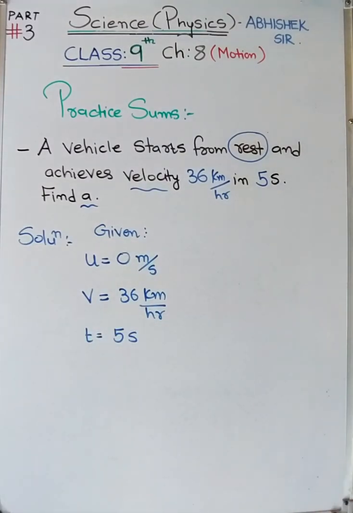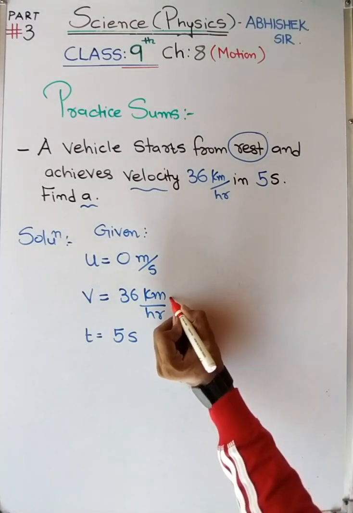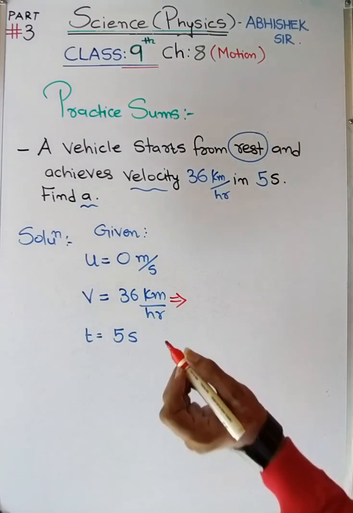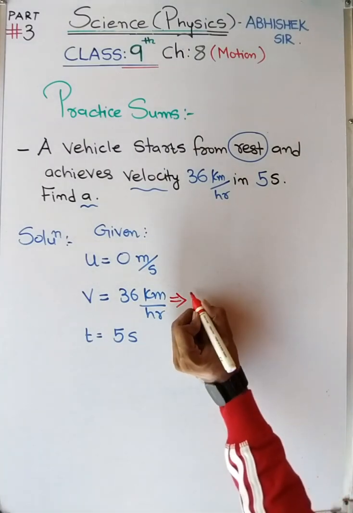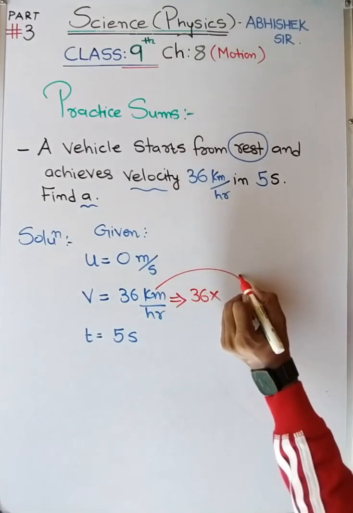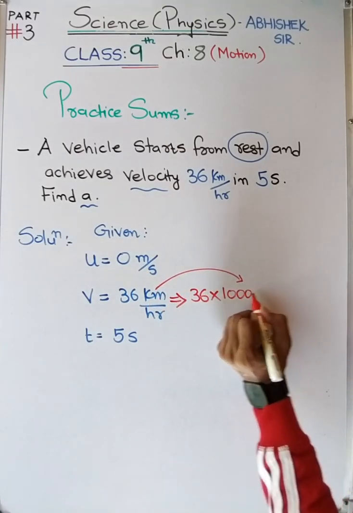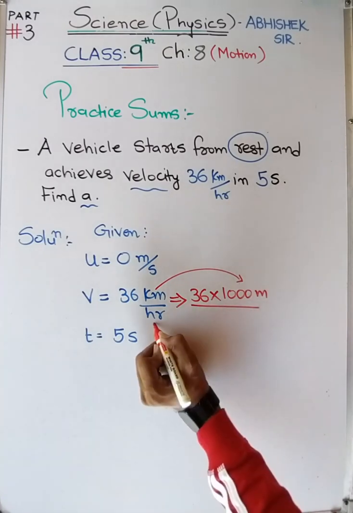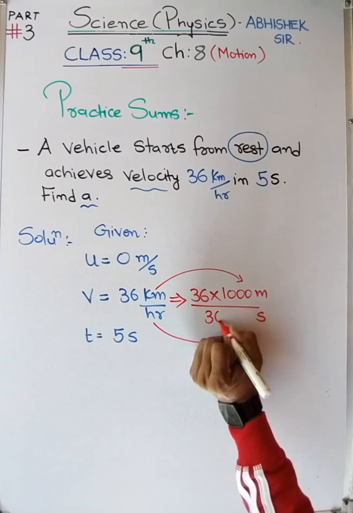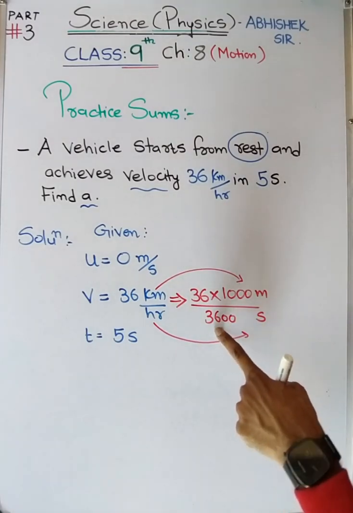Now it is very important that we must follow the SI units, standard units. So we will convert this 36 kilometer per hour into meter per second. Clear? And previously also we have discussed, if you want to convert kilometer into meter, how many meters in 1 kilometer? 1000 meter, upon how many seconds in 1 hour, that is 3600, that is 60 into 60, right?